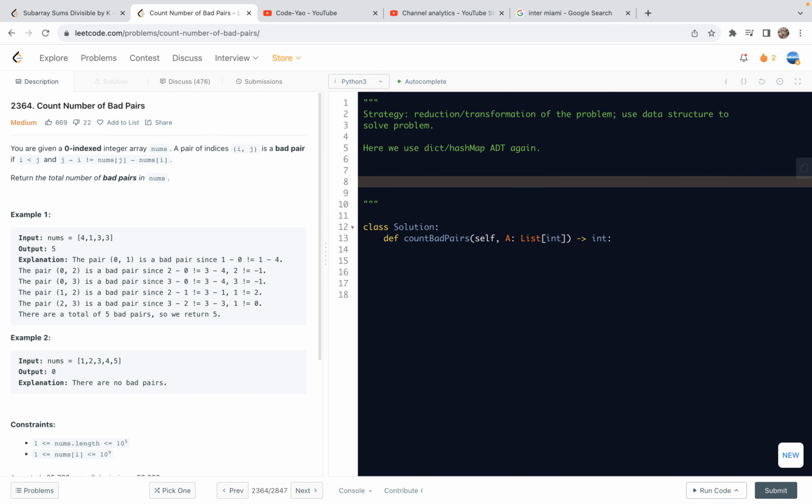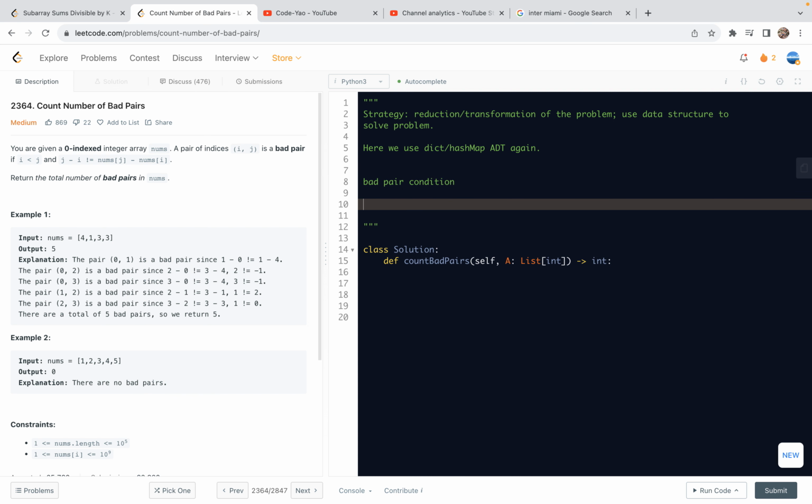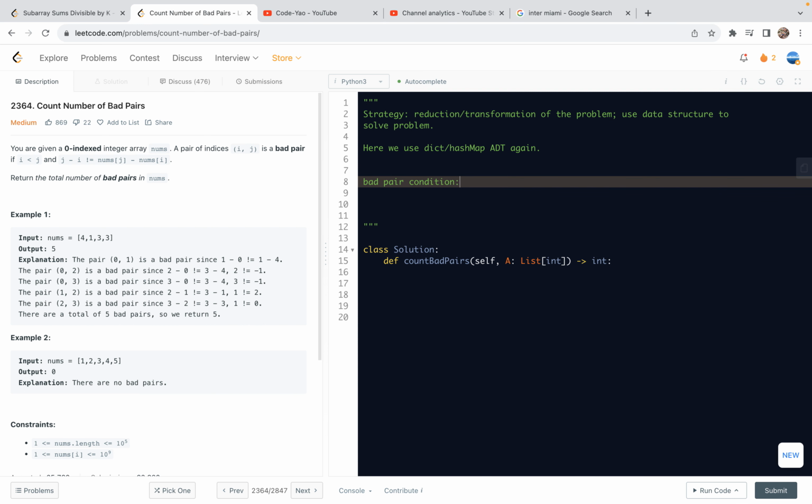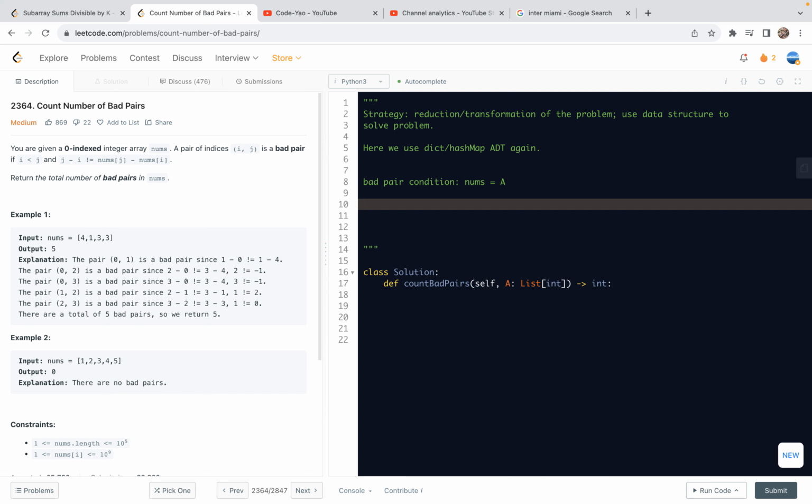So here I would say the coding is not that demanding for this problem, but the tricky part is the logic. So let's first analyze the bad pair condition. We can call this nums list A. So j minus i does not equal aj minus ai.